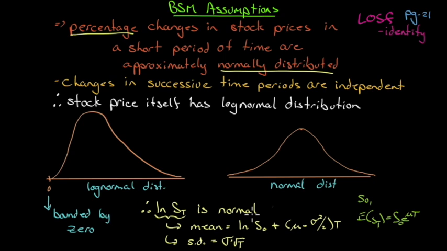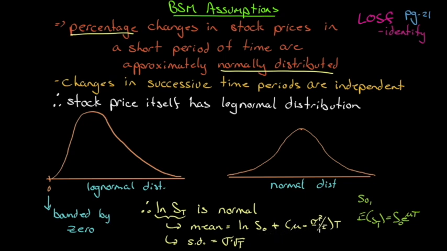So this will have a normal distribution, which means that the mean is going to be the natural log of the original price of the asset that we originally saw, plus, and well, what are we doing here? This is the expected value of the underlying asset, and we're going to assume it's S naught.